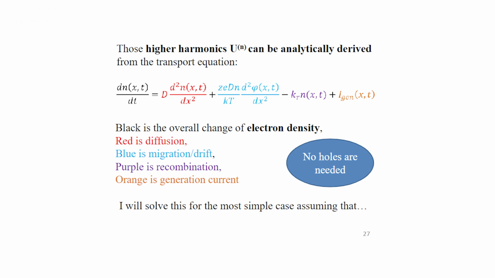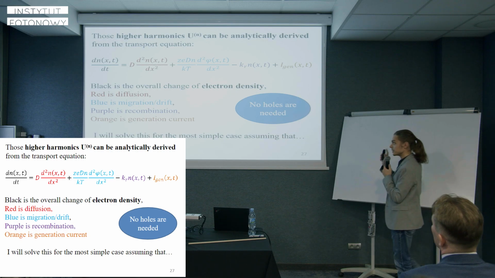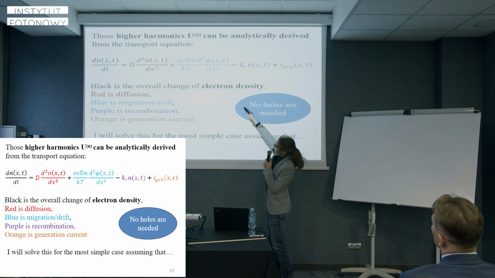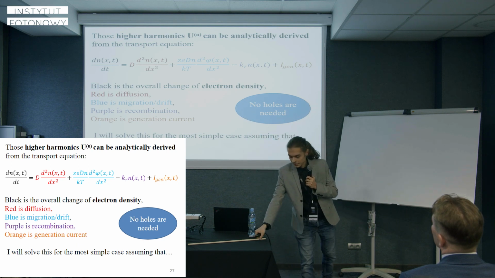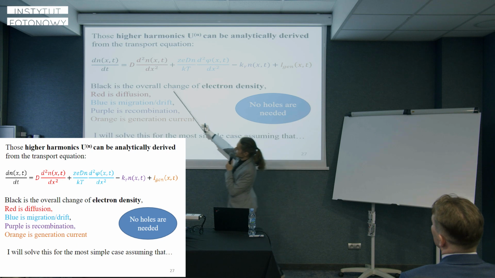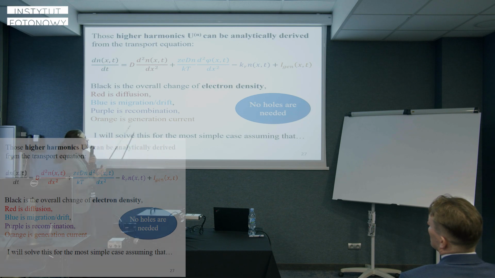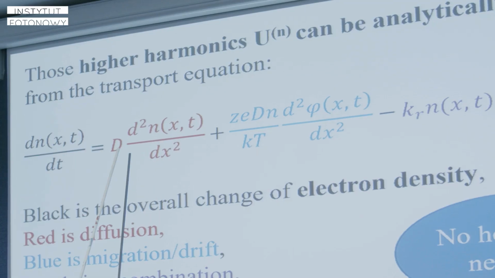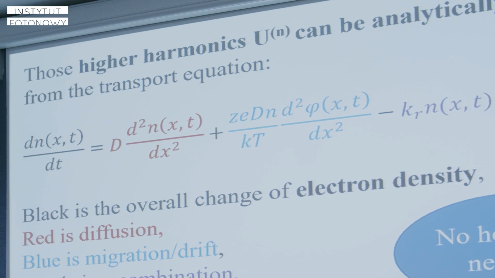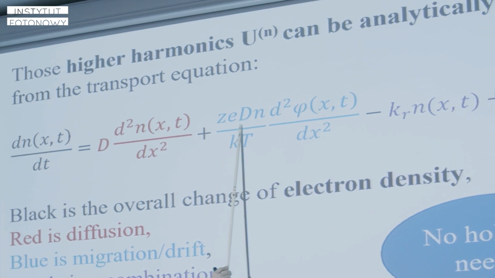This is a slightly modified version of the damped oscillator equation presented by Professor Rysz. However, I have included another term, this blue one, which is the overall change in the electron density, because n is electron density. This is diffusion, because we have a diffusion coefficient and a Laplacian, and here is an external field.